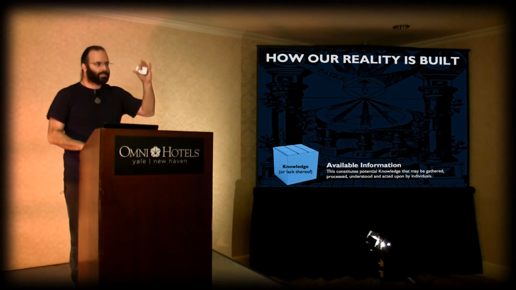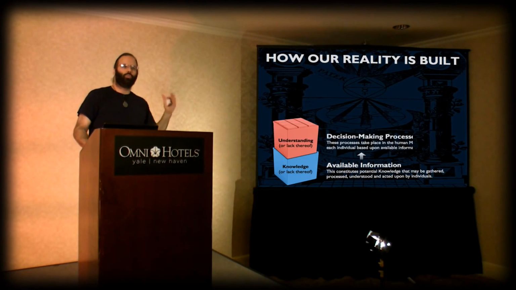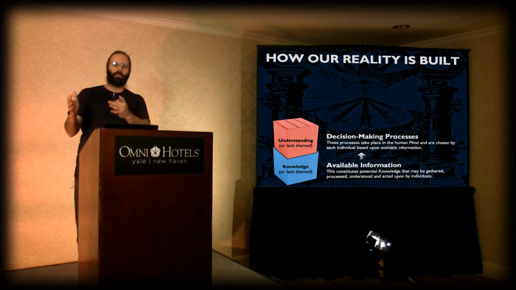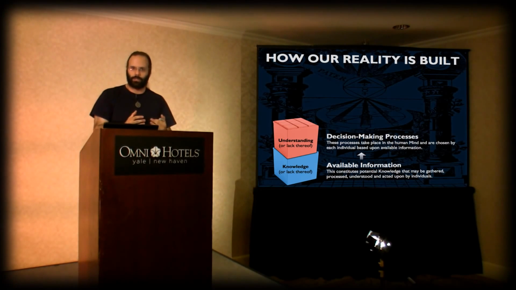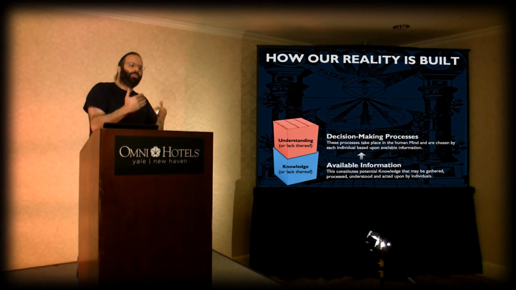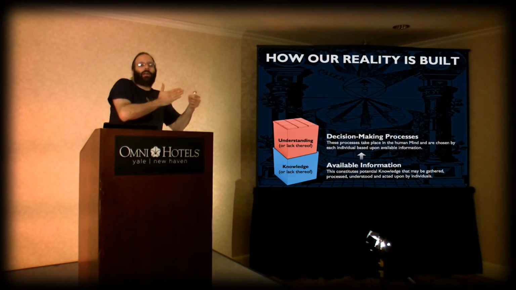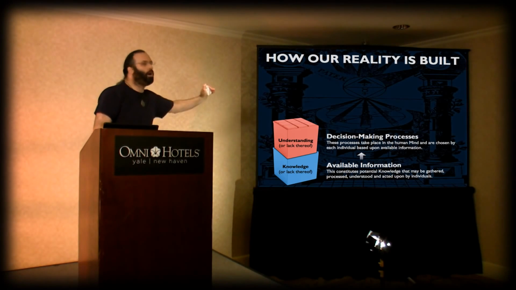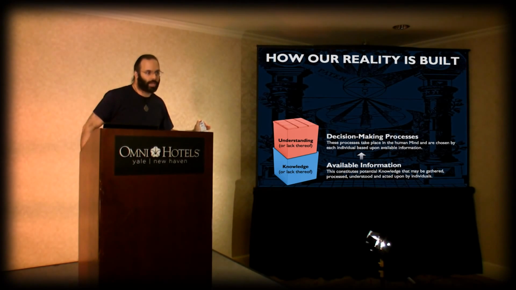Okay? Now the next step that's built upon this is once you've taken information in, necessary information, you then come to a position of understanding it. You know what it means, you recognize the patterns. All right? So this is the second step in this process. Now, your understanding or lack of understanding, okay, now in the first stage, your knowledge or lack of knowledge is going to lead to understanding or lack of understanding.